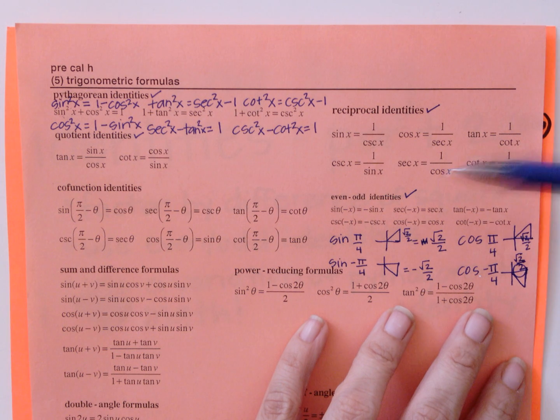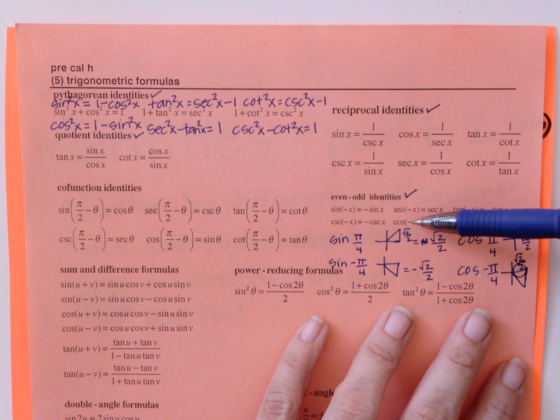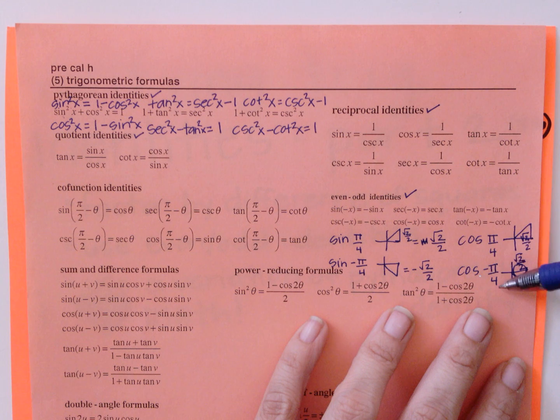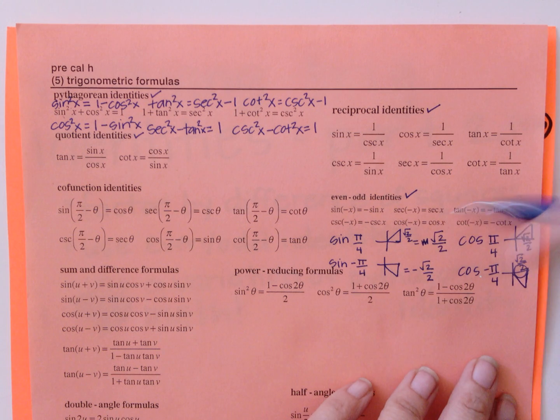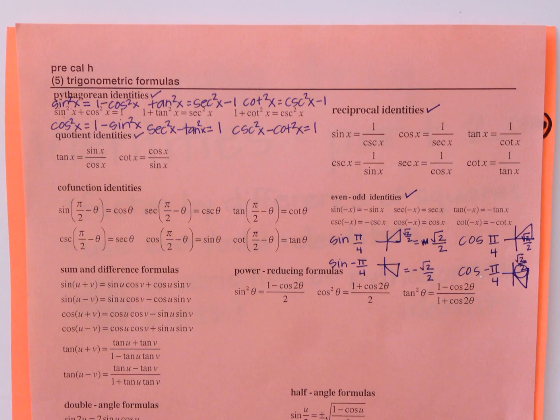So what this is saying is, if your sign is positive or negative, you're still going to get the same sign as cosine of just the positive angle. So again, if I have cosine pi over 4, I get positive root 2 over 2. And if I were to take a look at cosine of negative pi over 4, this is saying I would not change the sign from cosine pi over 4. So that's pretty cool. We still get root 2 over 2. It works out with our unit circle. A little tricky, but that's the one that you're going to want to watch out for, good old cosine. Of course, the reciprocals follow suit.